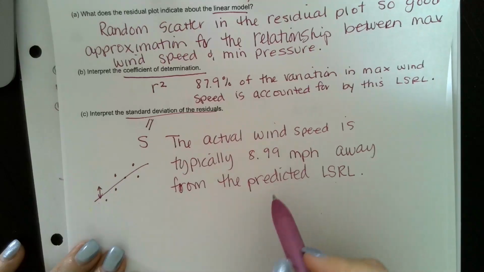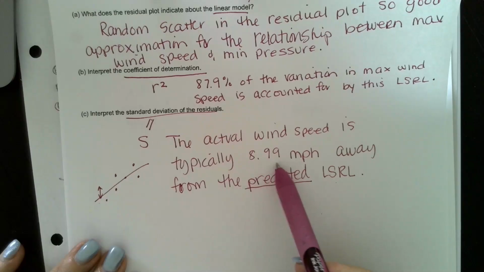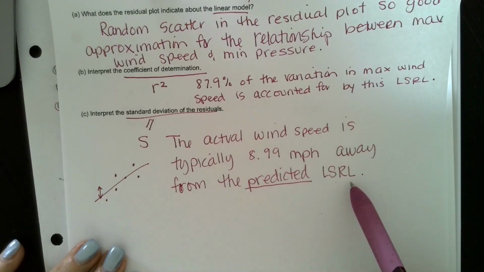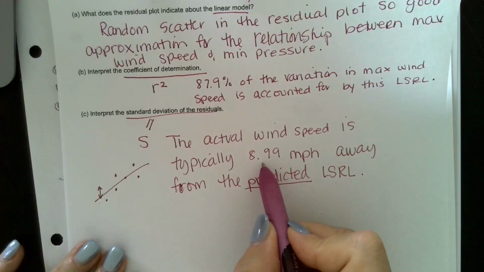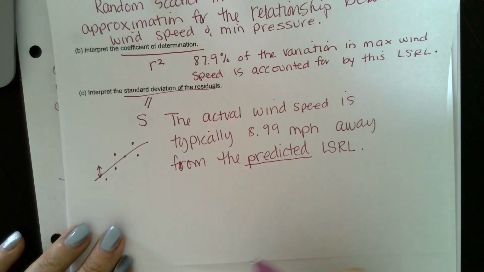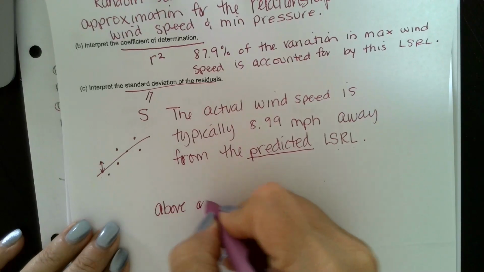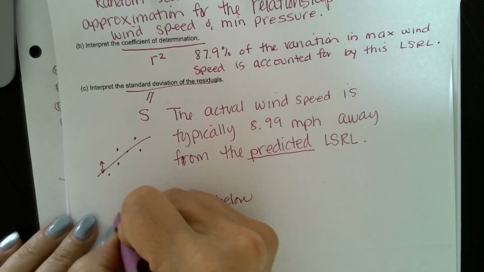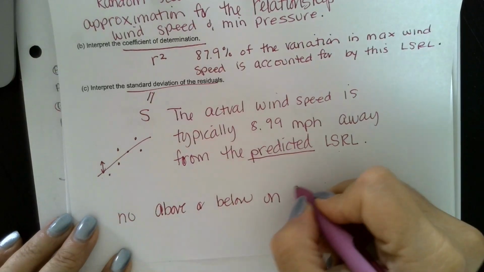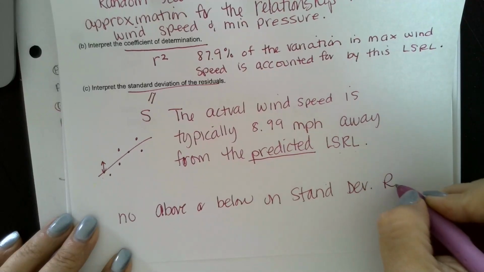But remember, it's away from the predicted value. So the actual wind speed is 8.99 miles per hour away from the predicted value on the least square regression line. So some might be above, some might be below, but we're looking for the value away. What I don't say that's different than our other standard deviation is I don't say above or below. So there's no above or below on standard deviation of the residual plot.